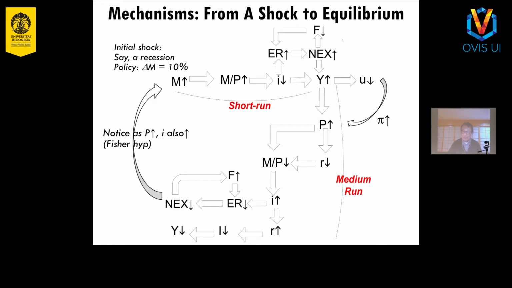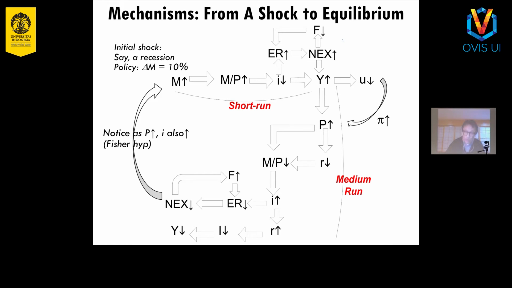Lower left, I refers to interest rate, but that is the nominal interest rate, okay, not the real interest rate. Nominal interest rate goes down, and if the nominal interest rate goes down, then output will go up. Remember, our starting point is recession, and that's why we want output to go up, because recession means output goes down.